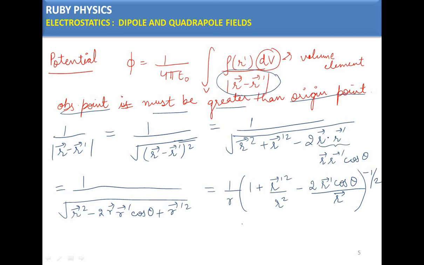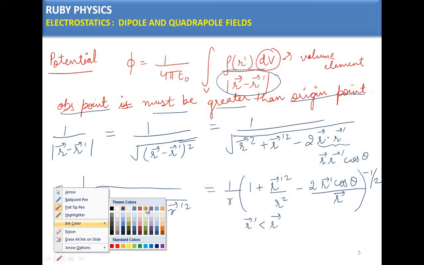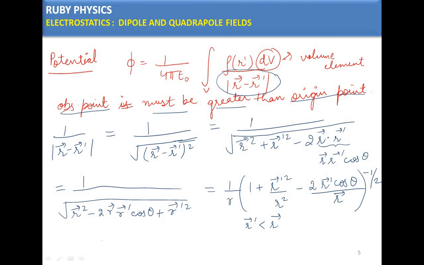Then in this case r dash will be less than r. We can put this term as x.